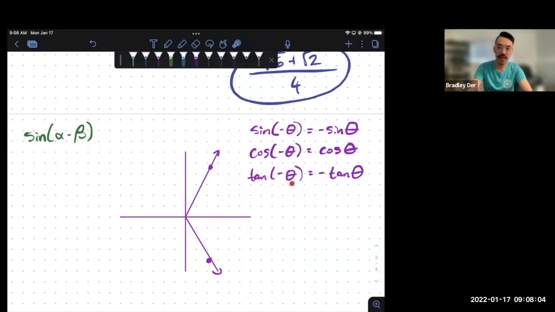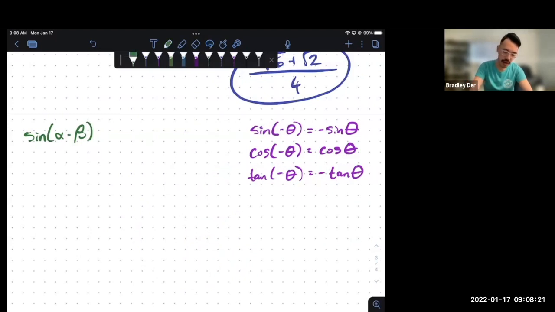Because via substitution, this would just be the negative sine theta over cosine theta. So negative divided by positive gives you a negative, negative tangent theta. We call those the even and odd identities.